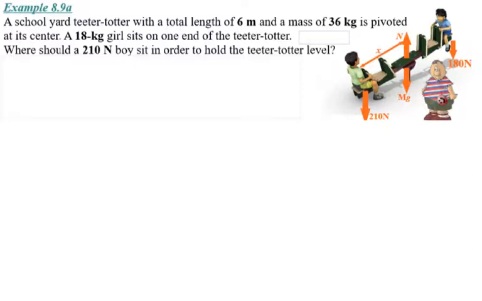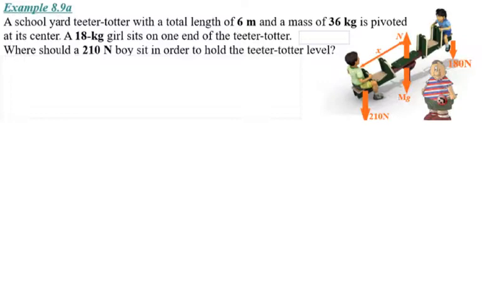A schoolyard teeter-totter with a total length of 6 meters and a mass of 36 kilograms is pivoted at its center. A 18-kilogram girl sits on one end of the teeter-totter. Where should the 210 Newton boy sit in order to hold the teeter-totter leveled?